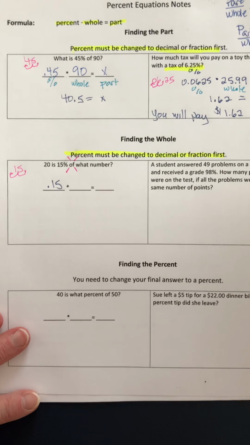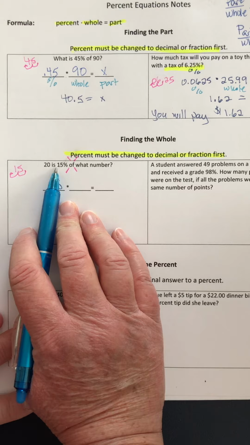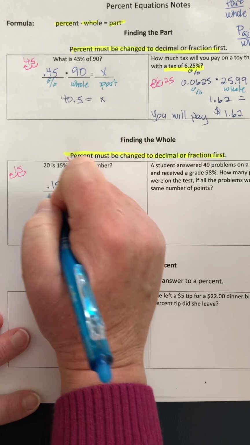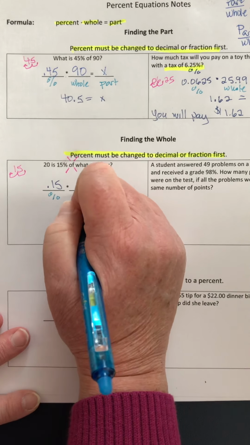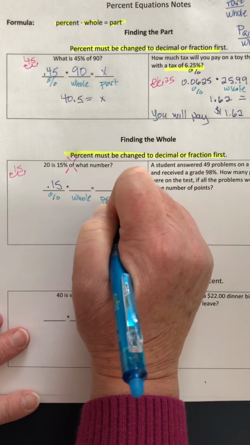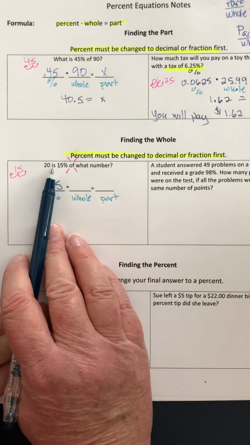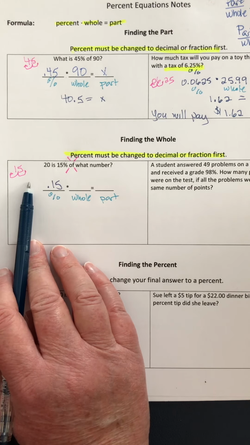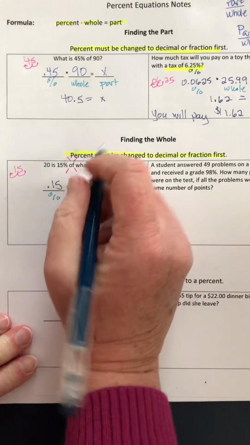Okay, so when we look up here, it's 20 is, so that's my part. Okay, and when I set it up, I have my percent times my whole equals my part. Okay, so my is telling me that's my part. So that 20 is going to go over here. And I don't know what the whole is.